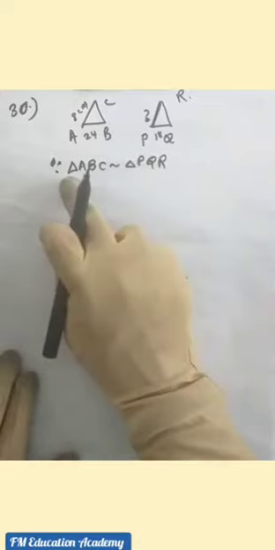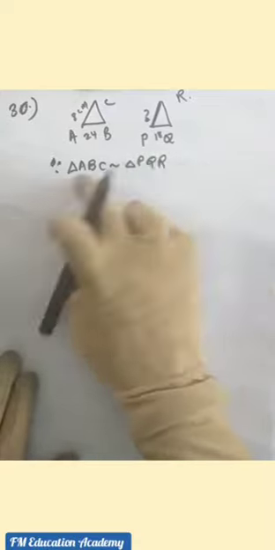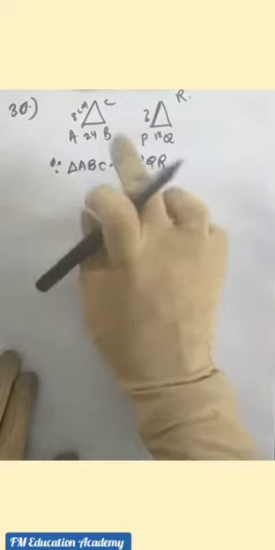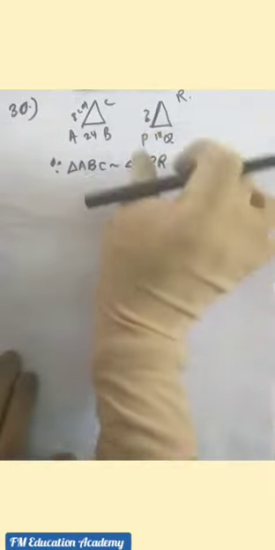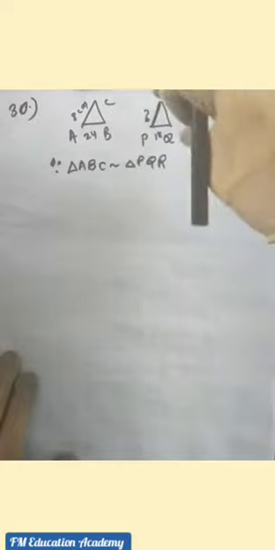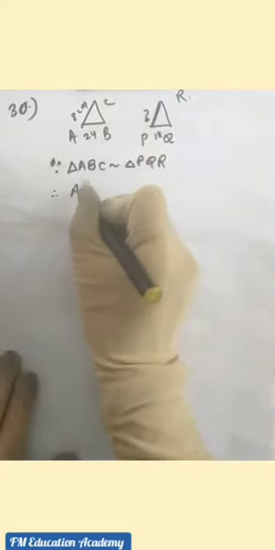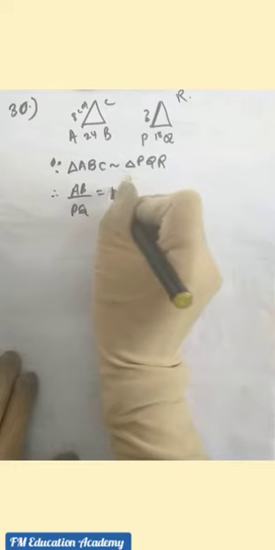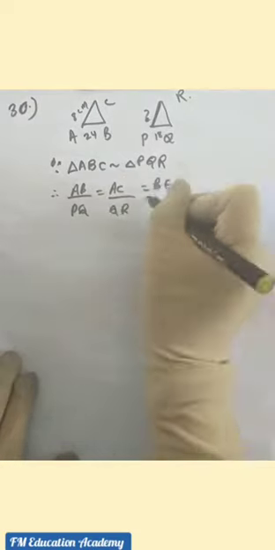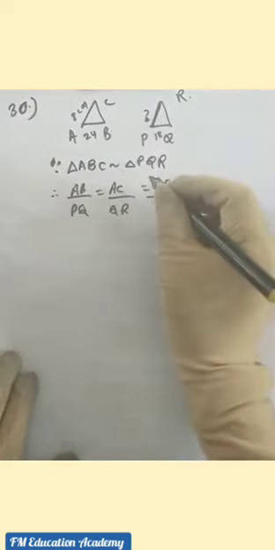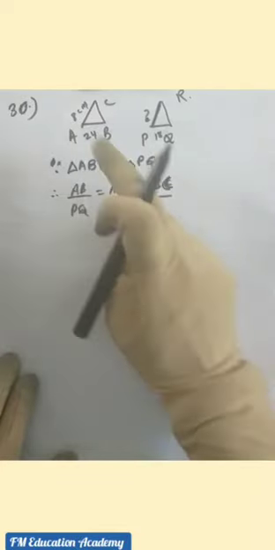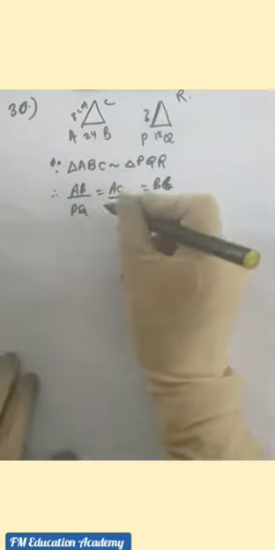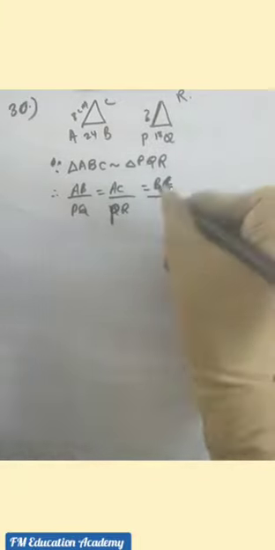What is the condition of similarity? Whenever triangles are similar, the sides are in the same ratio. That is AB by PQ is equal to AC by PR is equal to BC by QR.